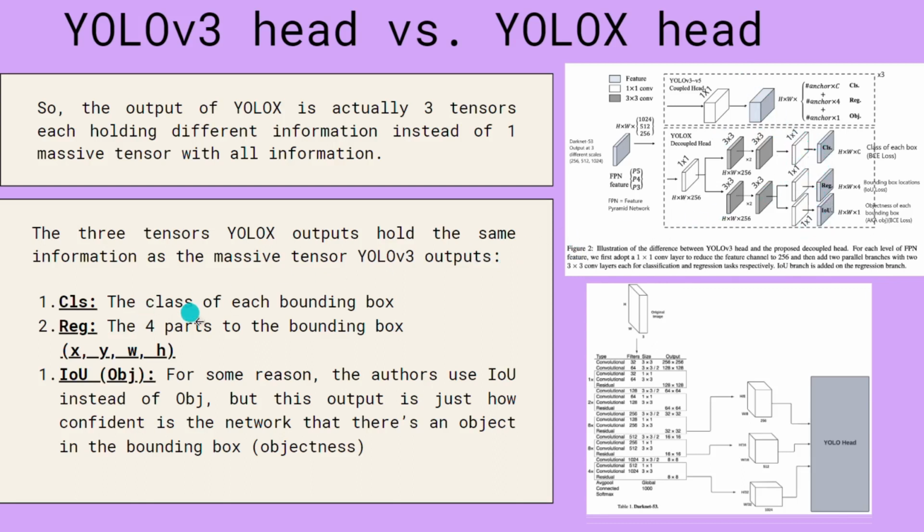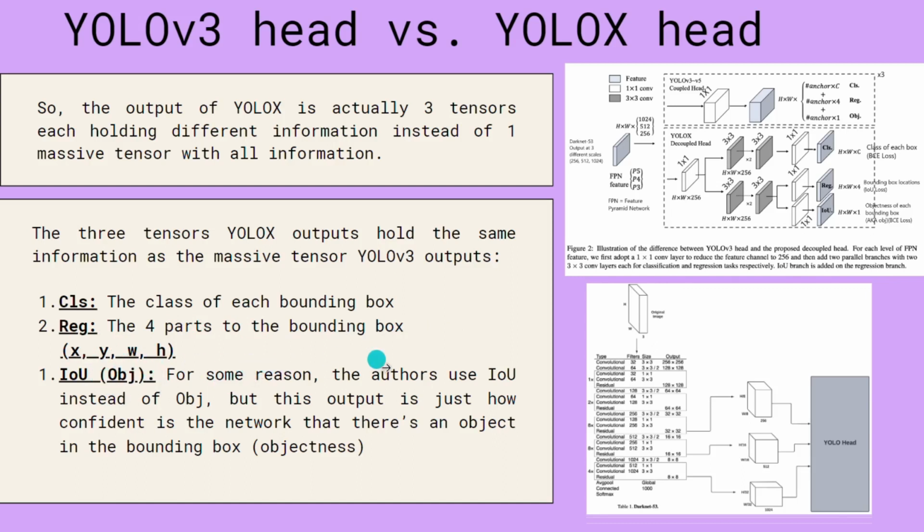The first one contains the class of each bounding box. The second one contains the regression points, the 4 parts of the bounding box, which explains the position x, y, and the width and height of the bounding box. And finally, we have the objectness score.